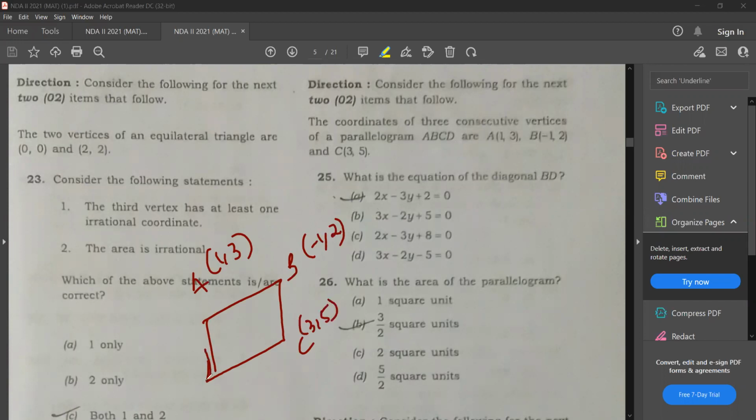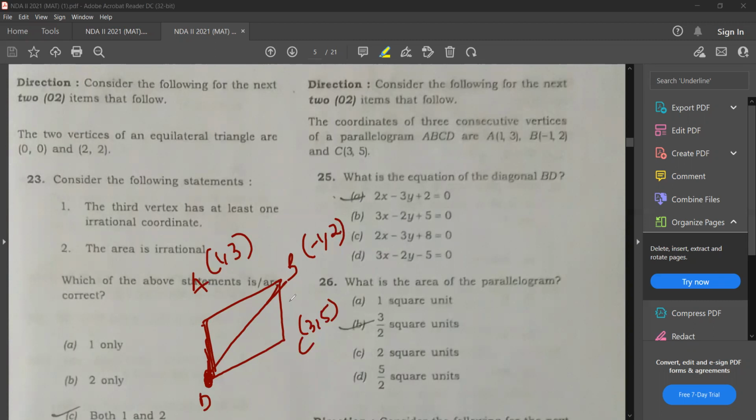You have to find BD. So here it is D. For finding this one, you can find this coordinate. How to find this coordinate? Their slopes are equal, isn't it? Slopes are equal, so this coordinate you can find out.